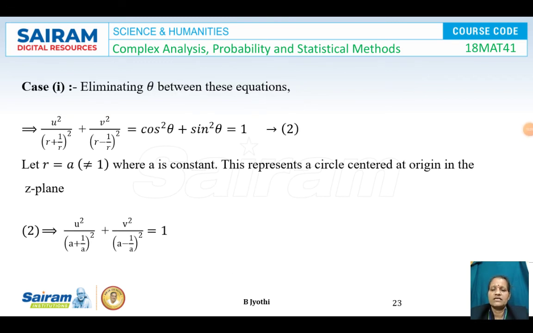Eliminating theta between these equations, what we can do is we can square them, that is u square divided by r plus 1 by r whole square plus v square by r minus 1 by r whole square is equal to cos square theta plus sin square theta, which is equal to 1. So this r plus 1 by r, if we put r is equal to a, where a is a constant, it represents the circle centered at the origin in the z plane, that is u square by constant square plus v square by constant square.